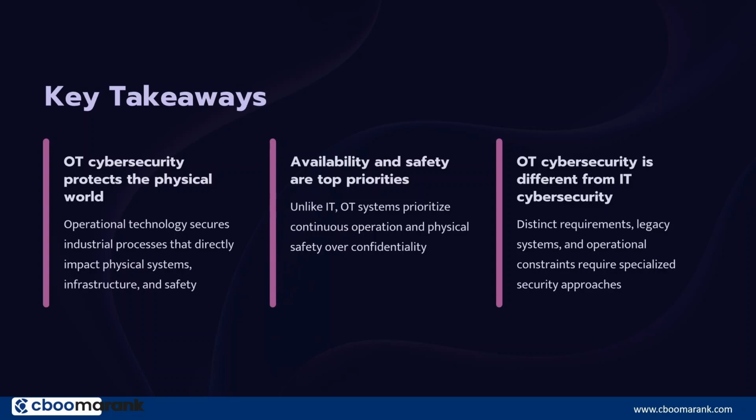So we have already discussed OT cybersecurity, which protects the physical world. Operational technology secures industrial processes that directly impact physical systems, infrastructure, and safety. Secondly, we have seen availability and safety are our top priority. Unlike IT, OT systems prioritize continuous operation and physical safety over confidentiality.